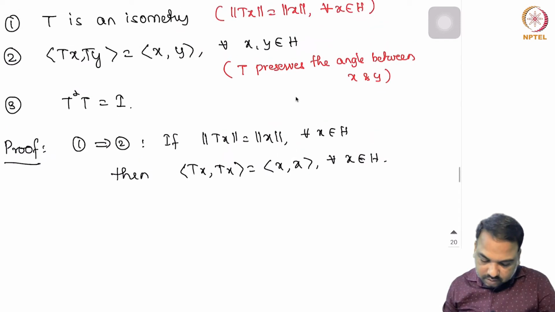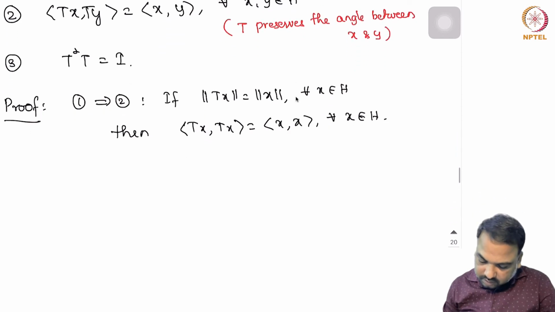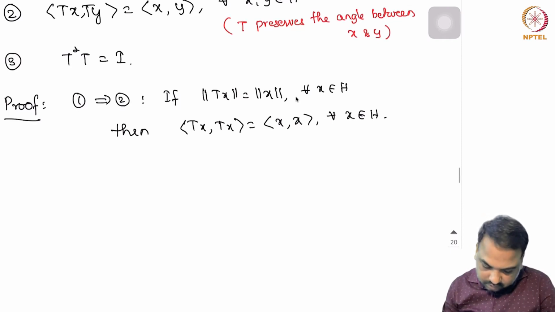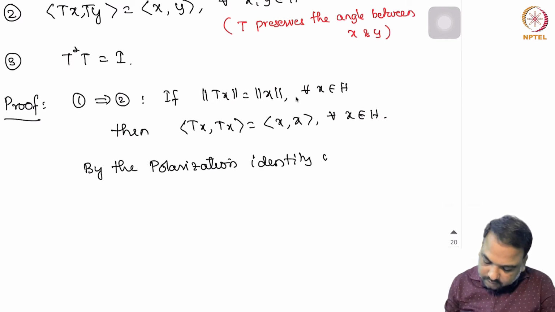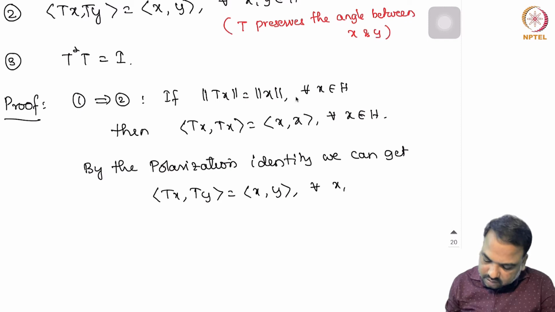Now to conclude the result, we have to apply the polarization identity. By the polarization identity, you can get inner product Tx with Ty equals inner product x with y for every x, y in H.